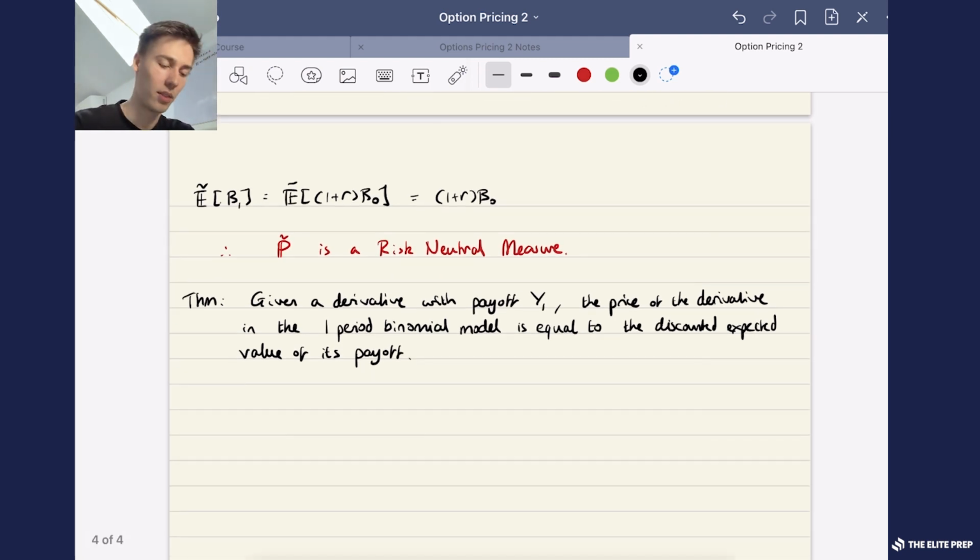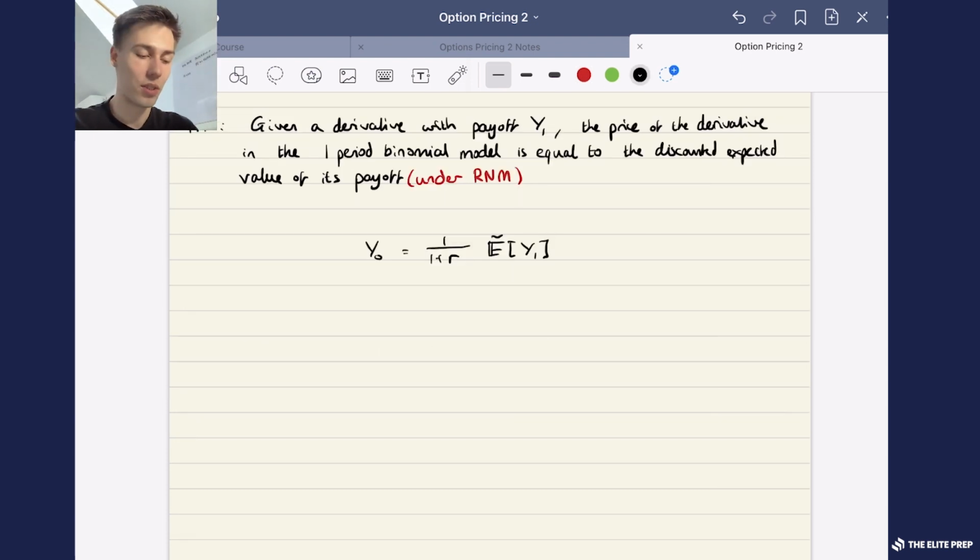So in other words, Y0 is equal to 1 over 1 plus r times the expected value under the risk-neutral measure of Y1. In future videos, we are going to extend this theorem to the following more general case.